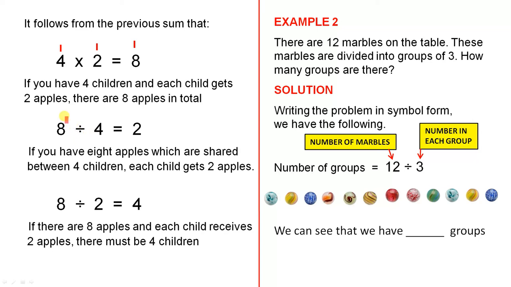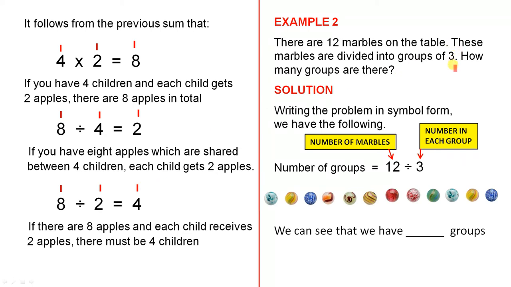The meaning is if you have 8 apples which are shared between 4 children, each child gets 2 apples. 8 divided by 2 equals 4, and the meaning is if there are 8 apples and each child receives 2 apples, there must be 4 children.